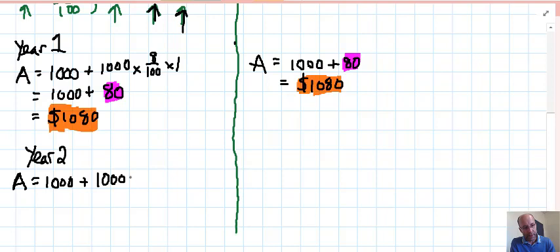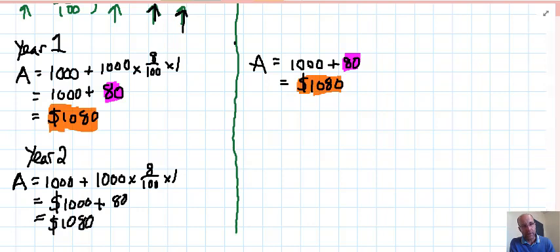So it's another year's worth of interest, which is still 8% of the $1,000, and you'll get the same calculation, and bang, we'll get 1,080. So 1,000 plus 80 is $1,080. So it goes up in a flat way, and that's not mind-numbingly shocking. If I did third year, it'll be the same calculation again.